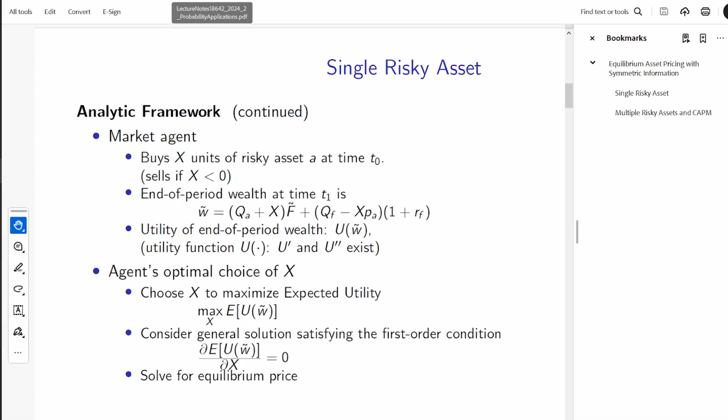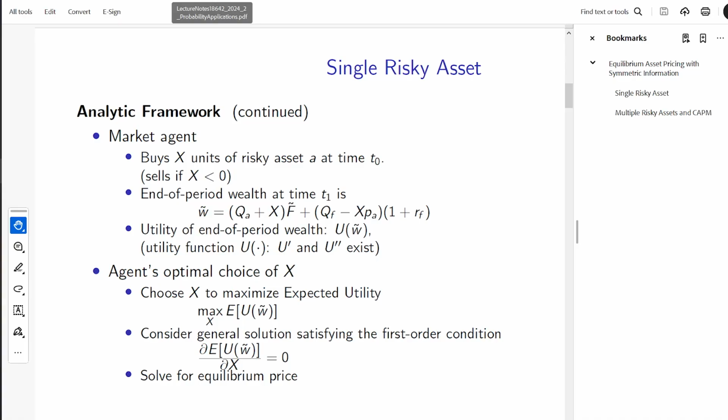Well, one could consider the agent being able to buy X units of the risky asset at the initial time point, T0, and then have end of period wealth that reflects that trade of buying X units at T0. So at the end of the period T1 time, there will be Q_A plus X shares with value F tilde.